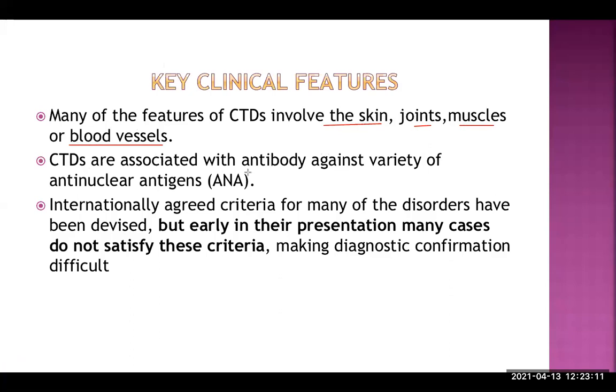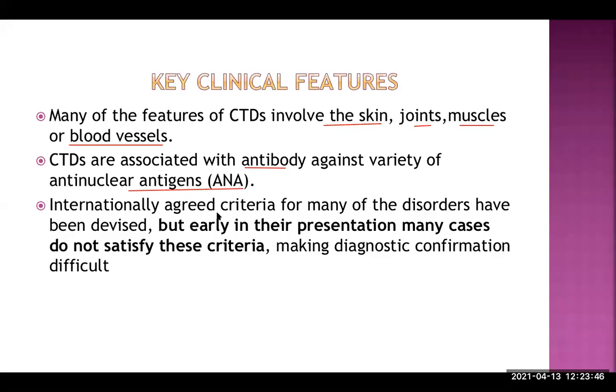Connective tissue diseases are associated with antibodies against a variety of anti-nuclear antigens. If we send the investigation, ANA is positive in many of them, or all of them, I can say. ANA is one of the important antibodies present in connective tissue disorders. That's why this is a sensitive but non-specific type of antibody, ANA.